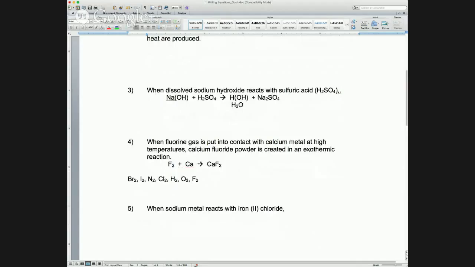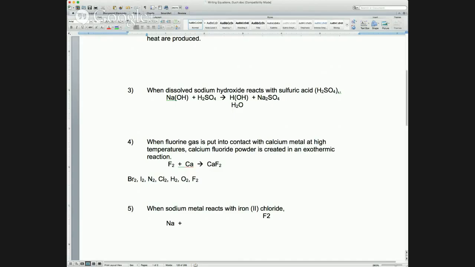All right, and then finally, our last one for translating and balancing and predicting products is sodium, just sodium metal. Is it a part of Brinkelhoff? No, it's not one of the 7. Fe with iron is an Fe. The 2 there tells you the charge on the iron.